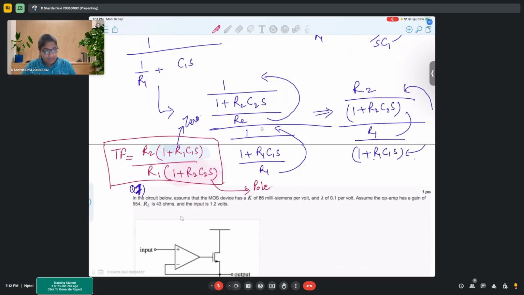So simply 1 upon R1 C1 is your zero frequency and 1 upon R2 C2 is your pole frequency. Is this clear?